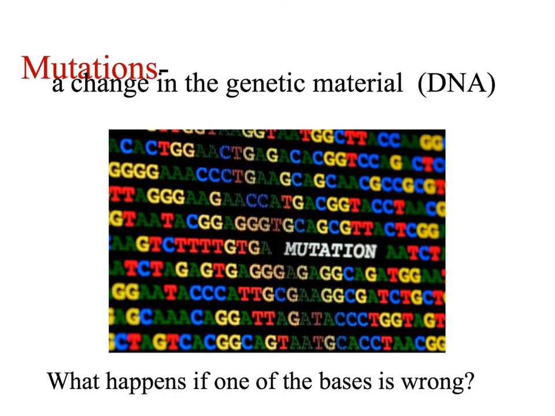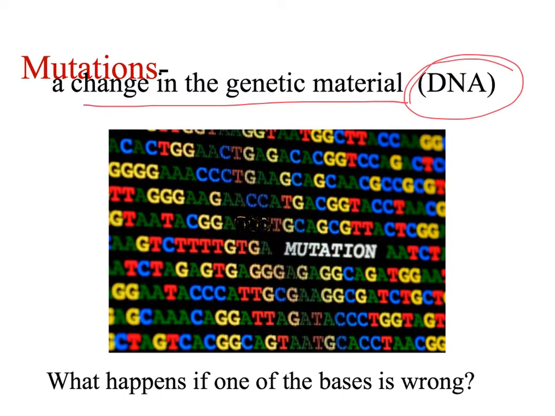All right, so a mutation is simply a change in the genetic material. So what we're talking about is at the DNA level. So if we look at all these nucleotides in my little picture here, a mutation would be that if we look at these 3 Gs, they would potentially be deleted.